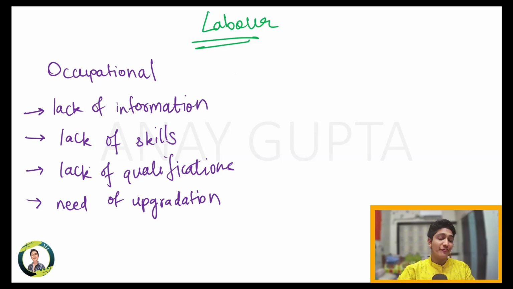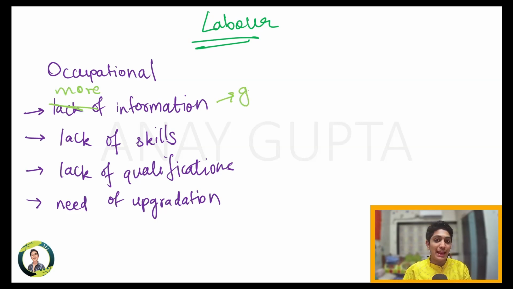Now, if for example you get a question that labor mobility, occupational mobility, has improved in XYZ country, analyze why this increase might have happened. What you have to do is turn these points around. Lack of information becomes more information. So how is there more information?